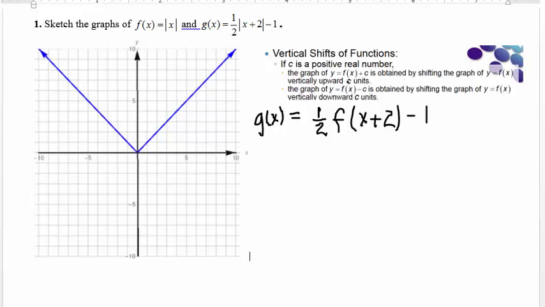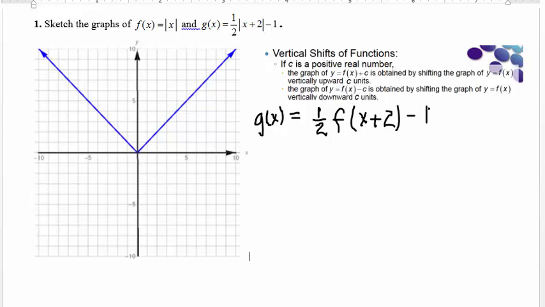Now, according to what we see here, if I have a positive number c and my function is f of x plus c or f of x minus c, then I have a vertical shift going on. If I'm adding that positive number c, the vertical shift is upward. If I'm subtracting that positive number c, the vertical shift is downward.